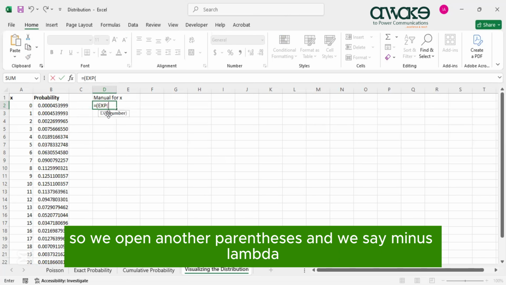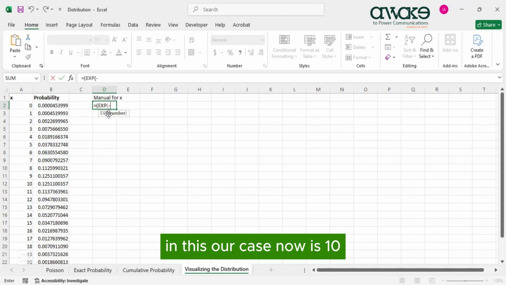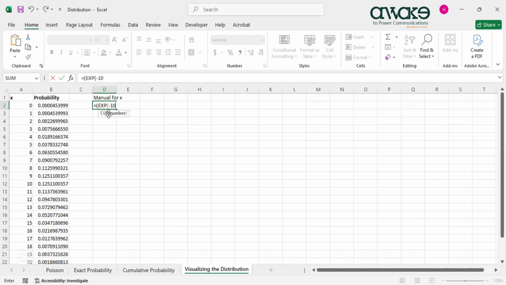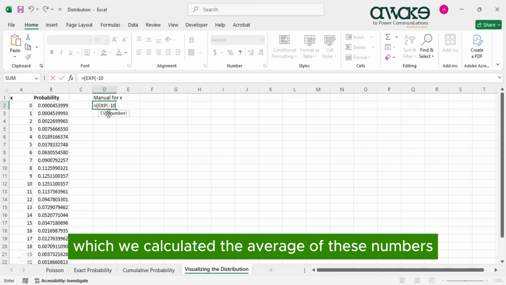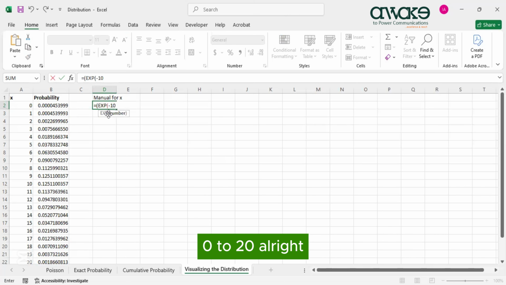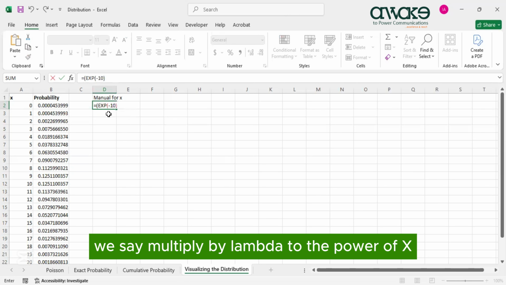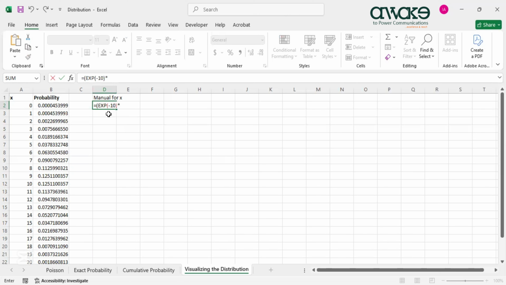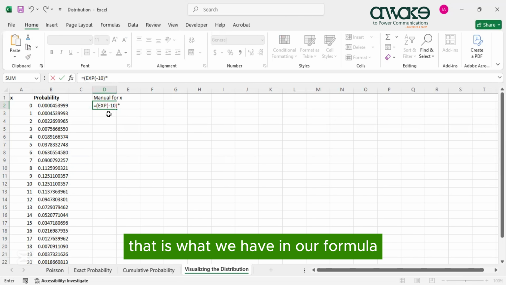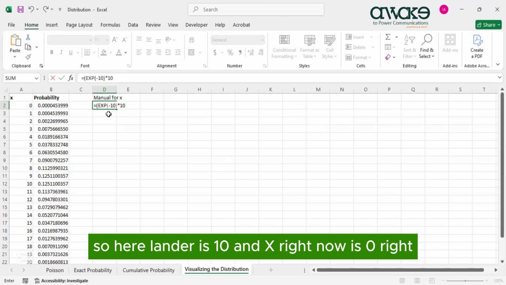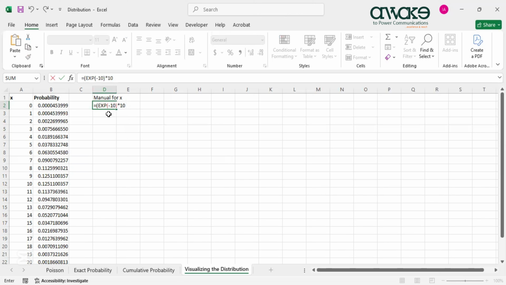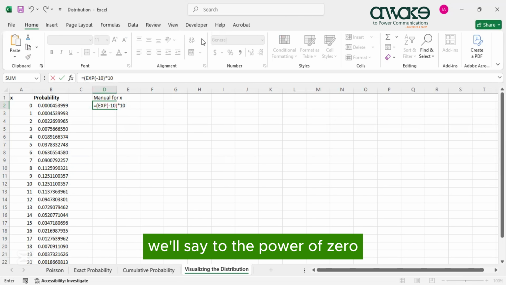So we open another parenthesis and say minus lambda, which in our case is 10, which we calculated as the average of these numbers 0 to 20. So we close our parentheses and say multiplied by lambda to the power of x. That is what we have in our formula. So here lambda is 10 and x right now is 0.